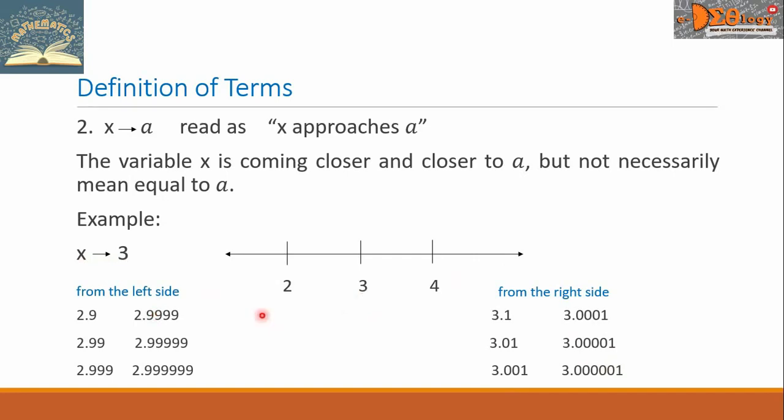To be specific, for that group of numbers that are coming from the left side that comes to number 3, we're going to use this symbol, x approaches 3 with an exponent negative sign, while the group of numbers that will come to number 3 from the right side, we will use the symbol x approaches 3 with exponent plus sign.